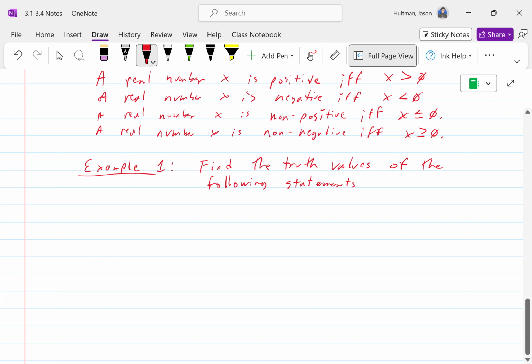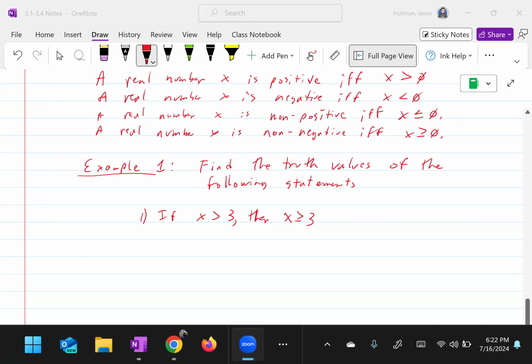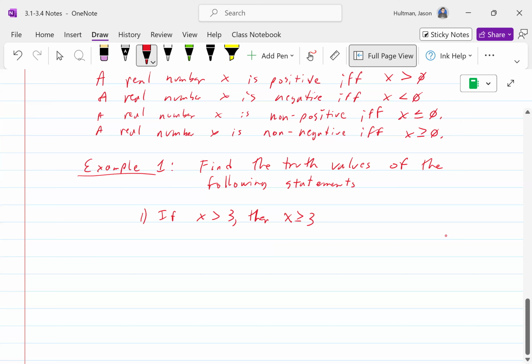One: if x is greater than 3, then x is greater than or equal to 3. Is that true or false? That's true.